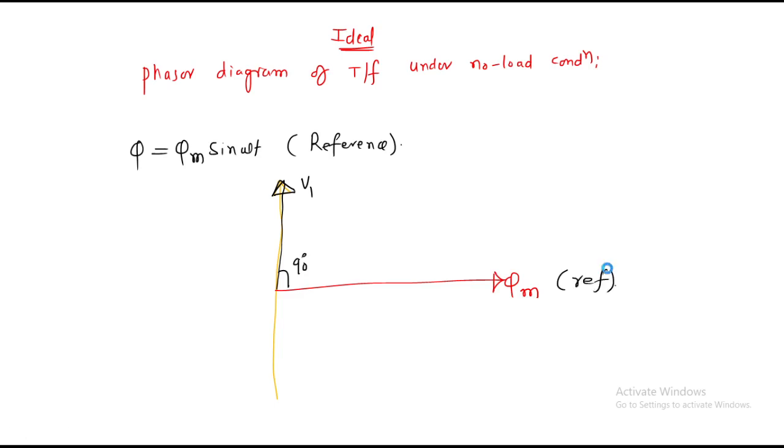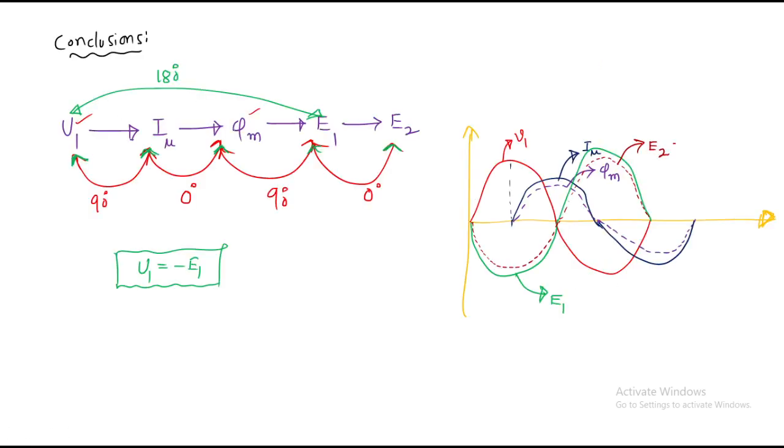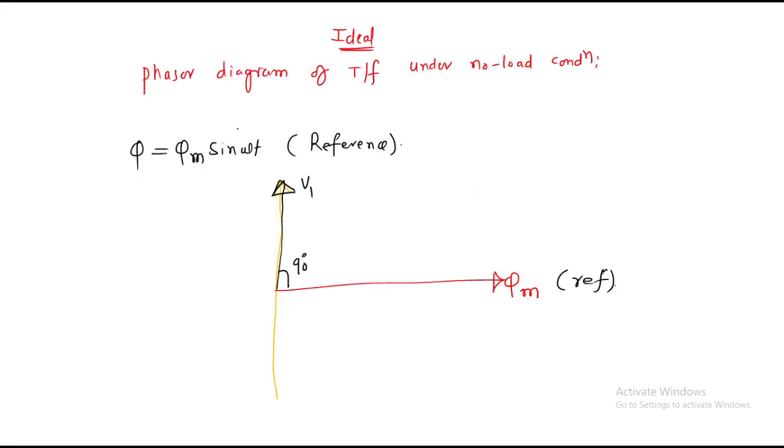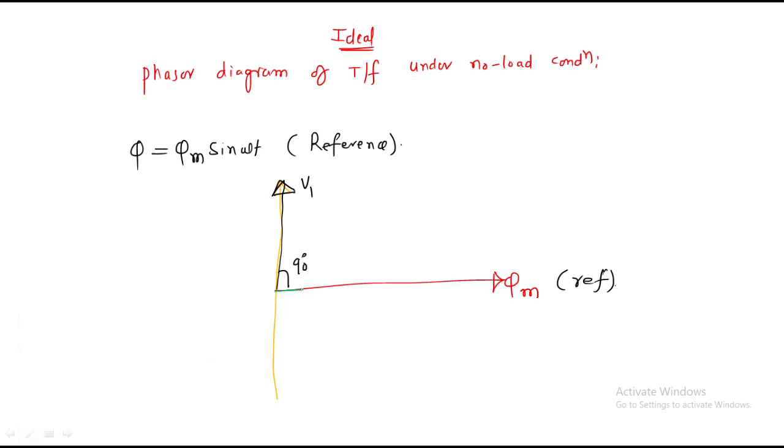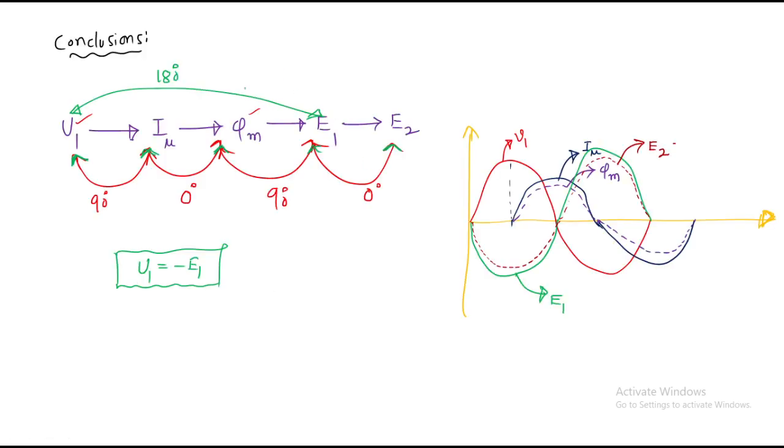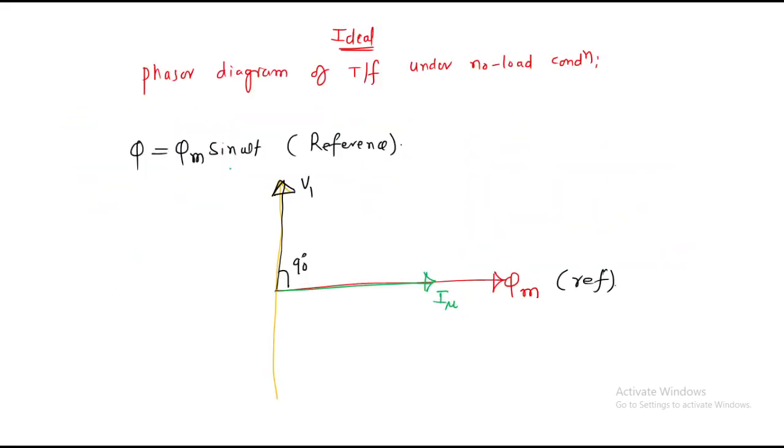Clear? Again, V1 and phi m is completed, but coming to I mu, the phase displacement between I mu and phi m is nothing but 0. So obviously I mu is in phase with flux, because the phase displacement between I mu and phi m is nothing but 0. Satisfied.